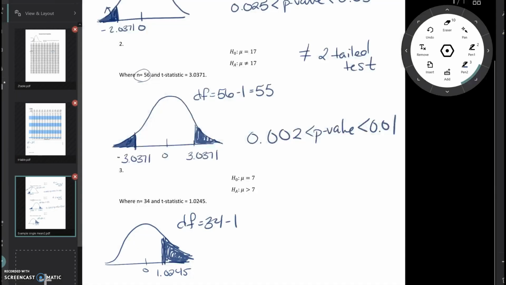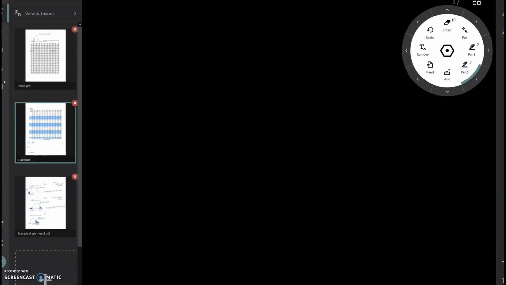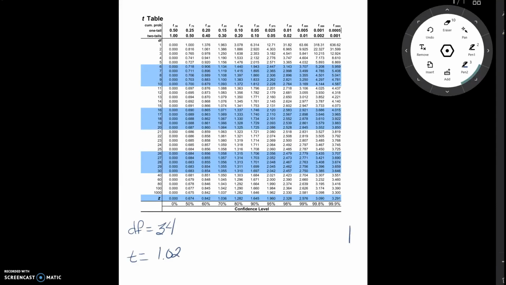Oh, sorry, that should have said degrees of freedom 33, and the test statistic is 1.0245. Again, we don't have a 33 on the table, but moving down, the next closest is 30. If we look at 1.0245, it's going to be between these two numbers.